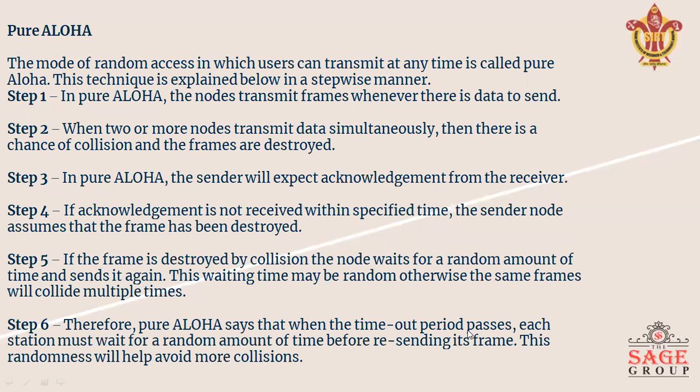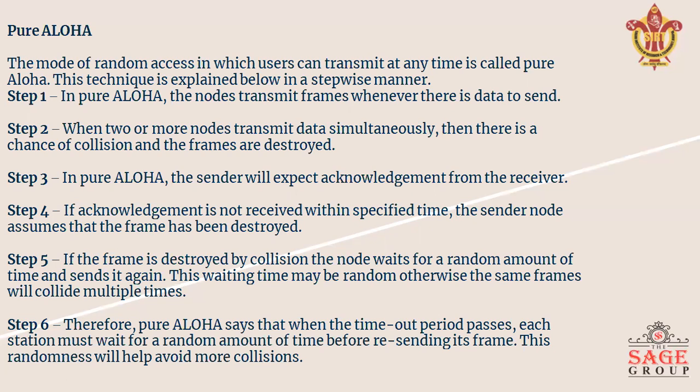Now, pure Aloha: the mode of random access in which users can transmit at any time is called pure Aloha. This technique is explained below in a stepwise manner. The first step: in pure Aloha, the node transmits frames whenever there is data to send. That means whenever we have to send data from the sender to the receiver side, it is already ready.